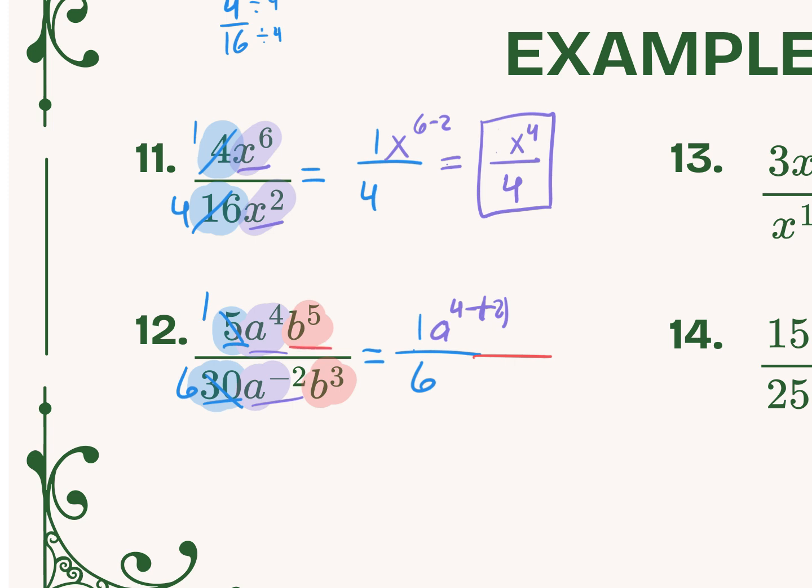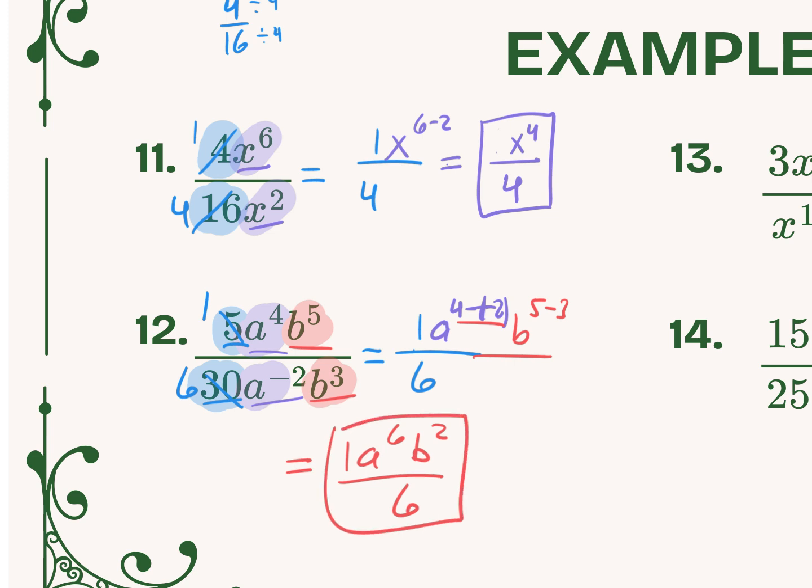And then b to the 5th divided by b to the 3rd, dividing with the same base, you would subtract, so 5 minus 3. And then in your final answer, it would be 1 a to the 6th, 4 plus 2, b to the 2nd, 5 minus 3, divided by 6. And then this would be your final answer. Again, if 1 is your leading coefficient, you don't have to write it. So your answer is fine just like that.